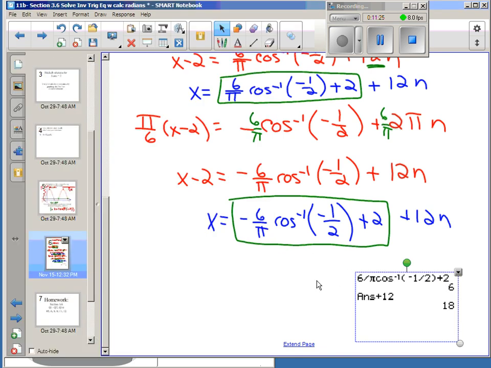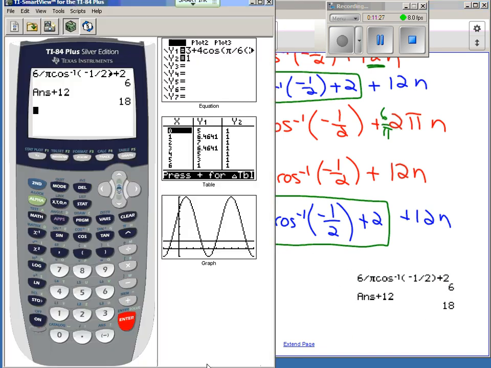Now I still have more answers. And that comes from doing -6 divided by pi times cosine inverse. Let's try it again. So -6 divided by pi cosine inverse -1 divided by 2.